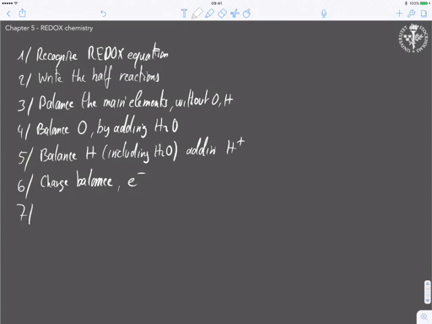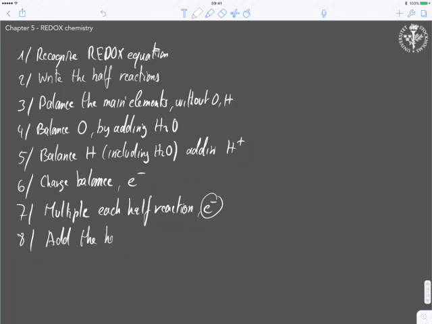And 7 would be to multiply each half reaction to have the same amount of electrons on each half reaction. Then you will add the two half reactions and you will form your balanced equation.